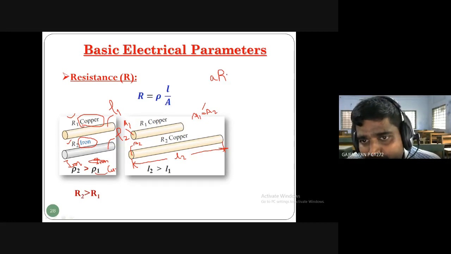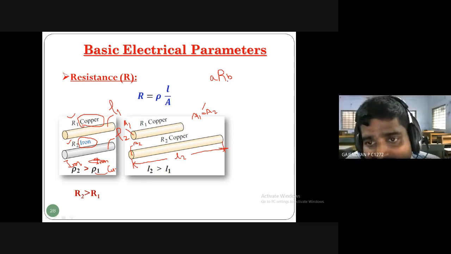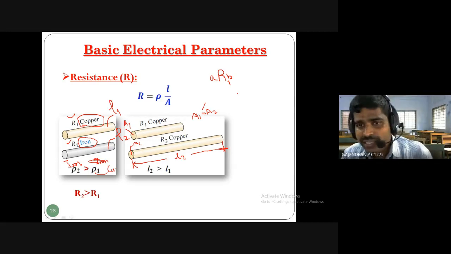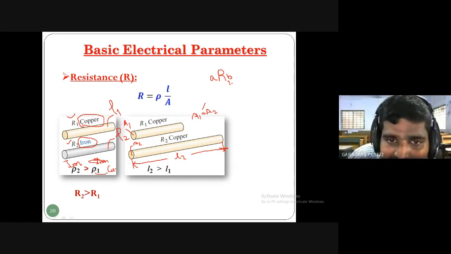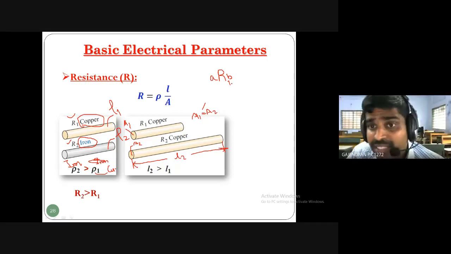If I put B in another place, suffix. If I put 1 here, what is this? Subscript. Base or subscript?